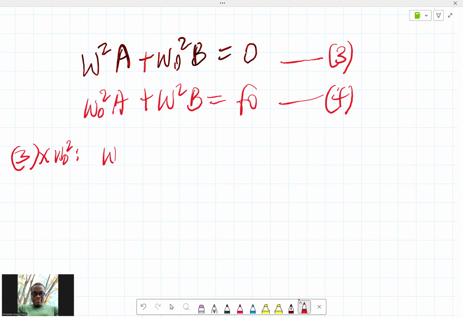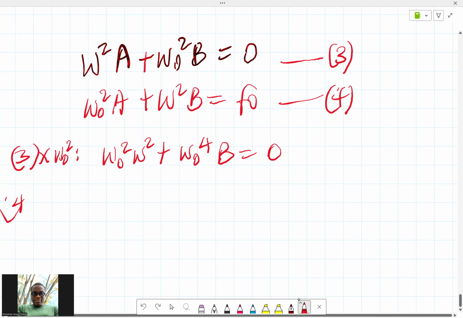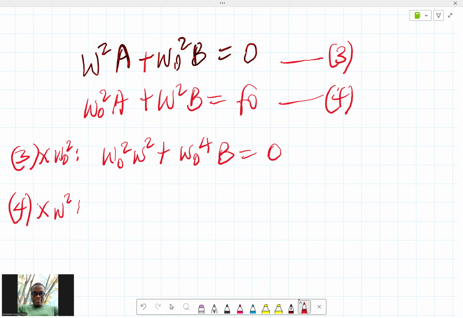So that's where we have omega naught squared omega squared a minus omega naught raised to power 4 b equals 0. Then equation 4 multiplied by omega squared. So again, if you multiply this by omega squared, we have omega naught squared omega squared a plus omega raised to power 4 b equals omega squared f naught.